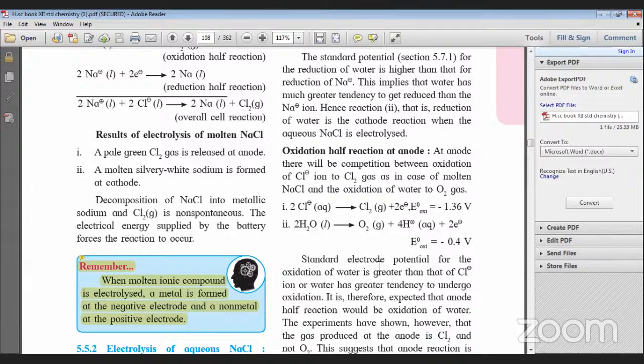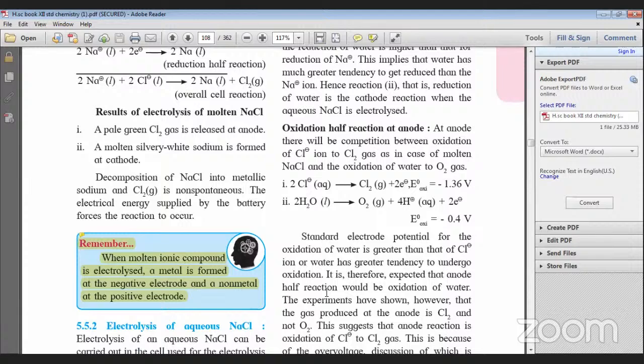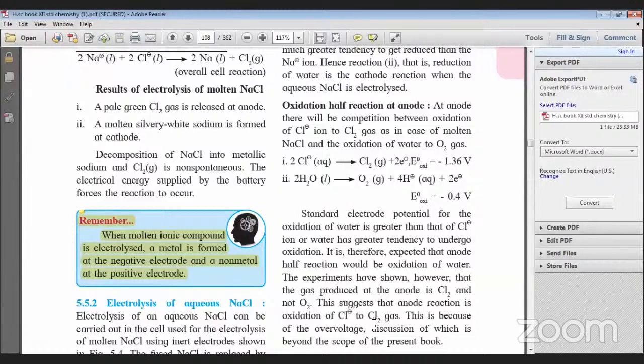So the standard electrode potential of oxidation of water is greater than that of chloride ions, or water has a greater tendency to undergo oxidation. It is therefore expected that the anode half cell reaction would be the oxidation of water. The experiment has shown, however, that the gas produced at the anode is chlorine gas, whereas oxygen never forms; only chlorine gas forms. Why does this happen?